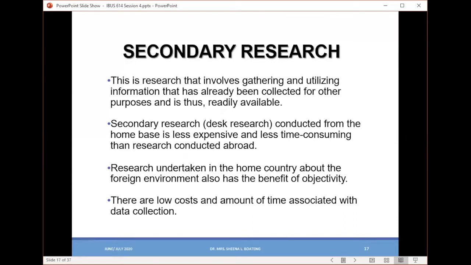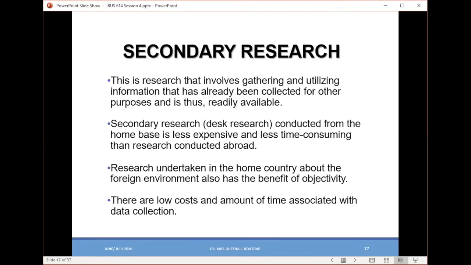This type of research is very attractive to most people, apart from the fact that it serves as a great starting point before we go into more resource-intensive primary research. It is less expensive and less time-consuming. If you are trying to enter a foreign market and you want to commission primary research, you have to do it in the country that you want to enter, and that comes with its own resource and cost implications.